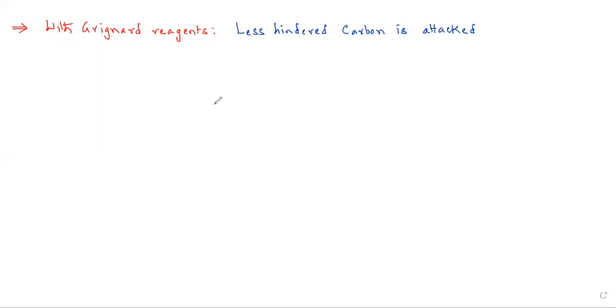Now with Grignard reagent, even in this case also the less hindered carbon is attacked. Look at this.